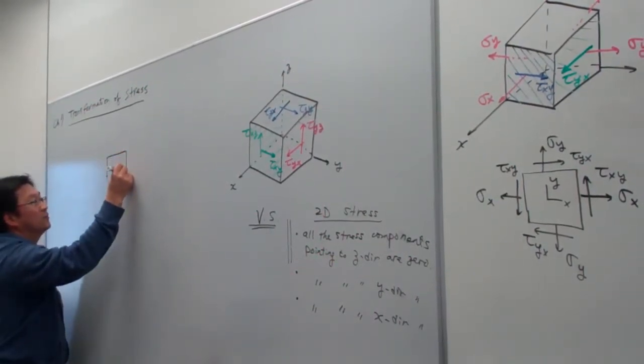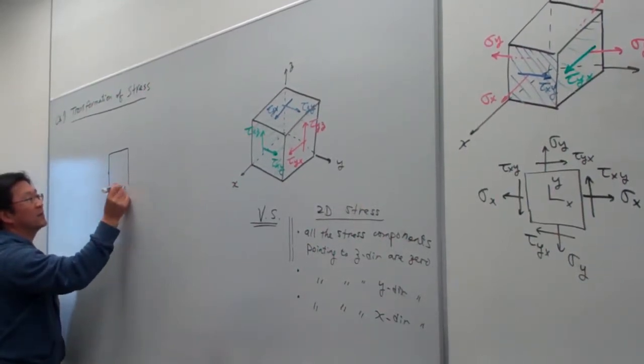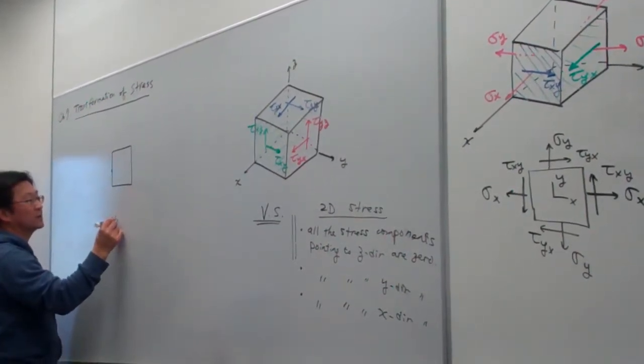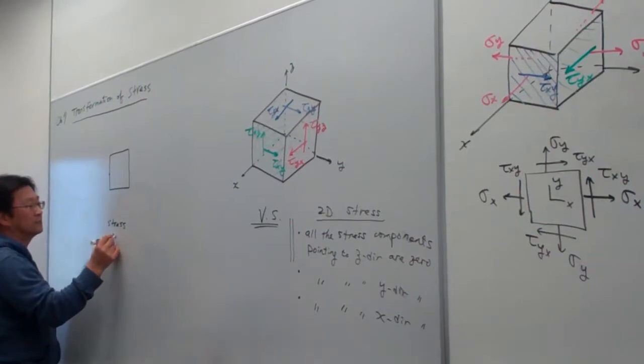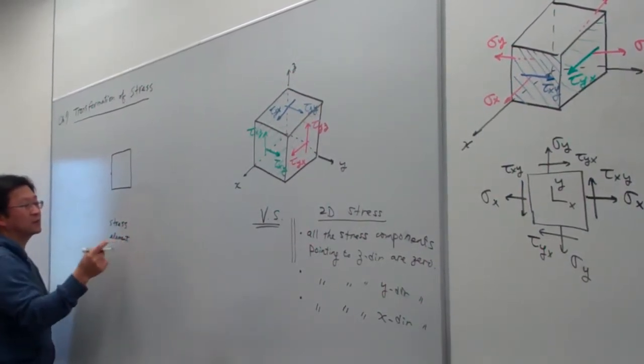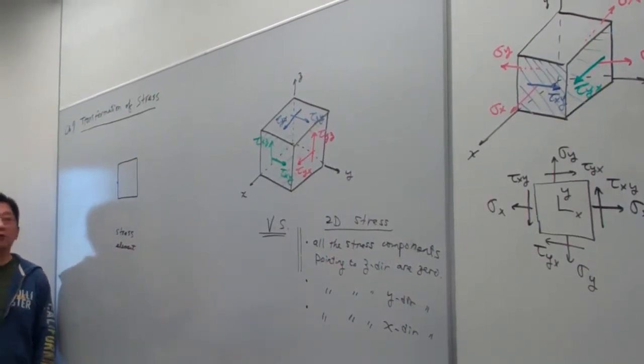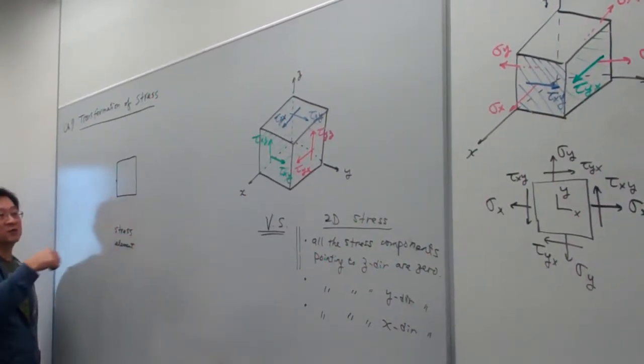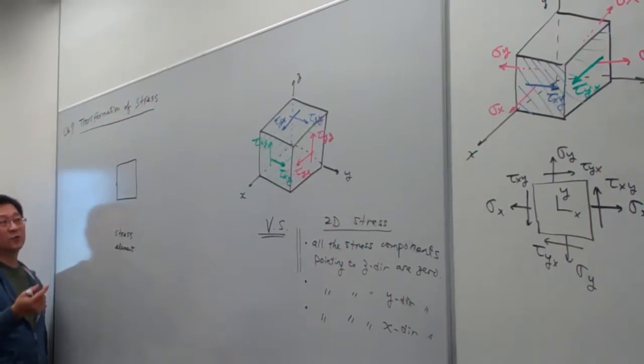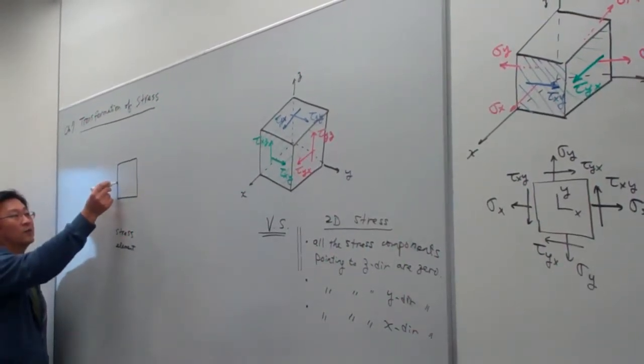So around this point, we can draw a stress element. This is called a stress element. A stress element is a square, locally, that has very small dimensions, trying to describe locally the distribution of the stress around one point.